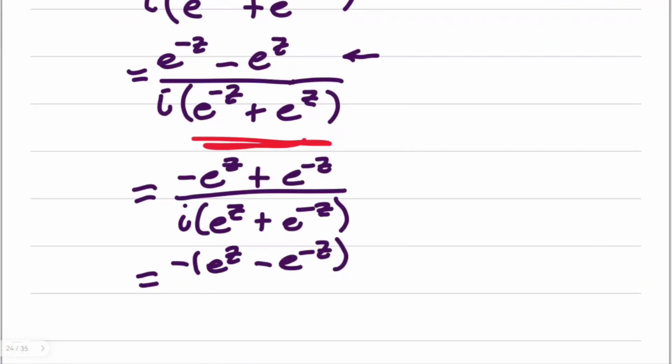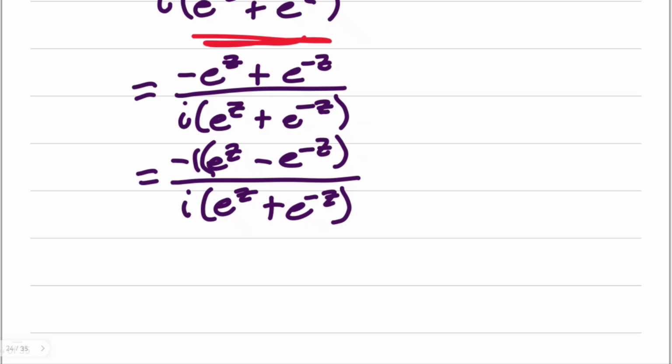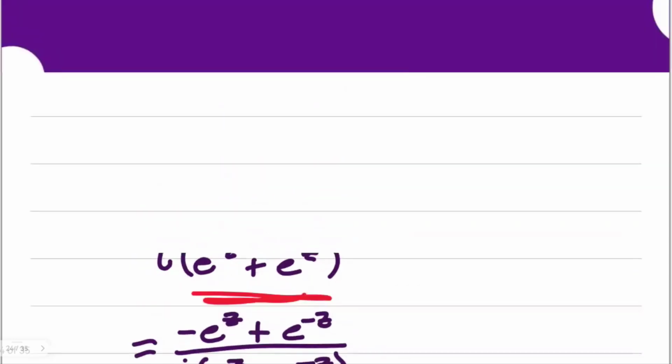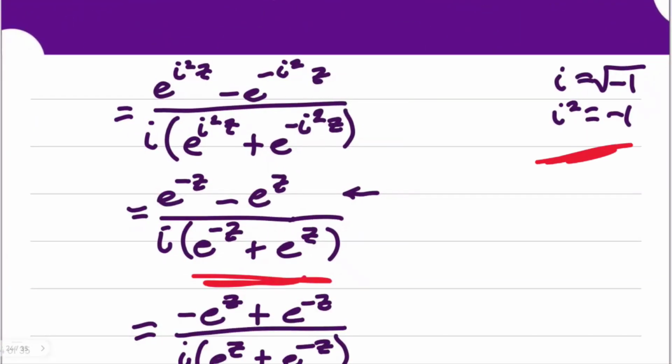As for the denominator, you will have i times e to the power of z plus e to the power of negative z. Again, this is already okay. But what we need to do here is to simplify these two coefficients, because this remaining part here already met the criteria for our target. We just need to look for a possibility of a factor of i.